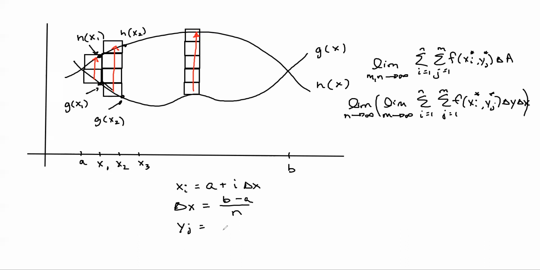All right, so if you think about it, it's going to be g of x sub i plus j times change in y, where change in y is equal to h of x sub i minus g of x sub i all over m. All right, so what does that say?